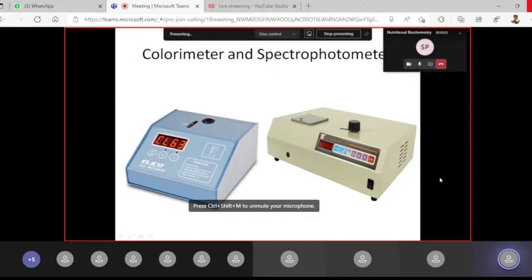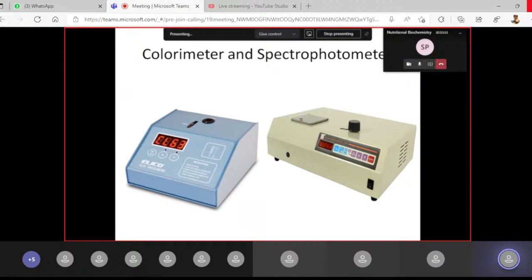In that case, you use a spectrophotometer. Here you need not have a colored solution, but you can use colored solution also in a spectrophotometer, but in the case of a colorimeter, it has to be only colored solution. You cannot measure in the UV range. With a colorimeter you can measure only in the visible range, using only visible light, not UV light.